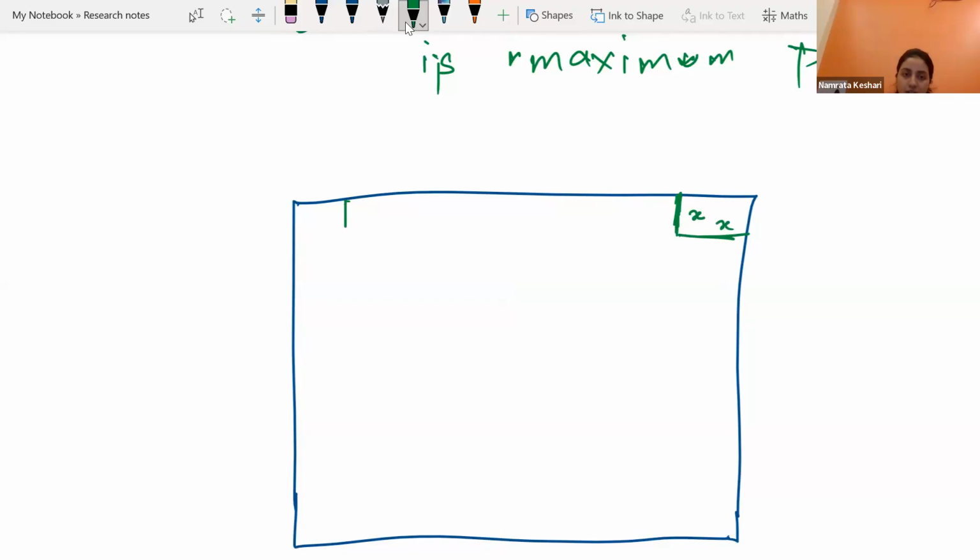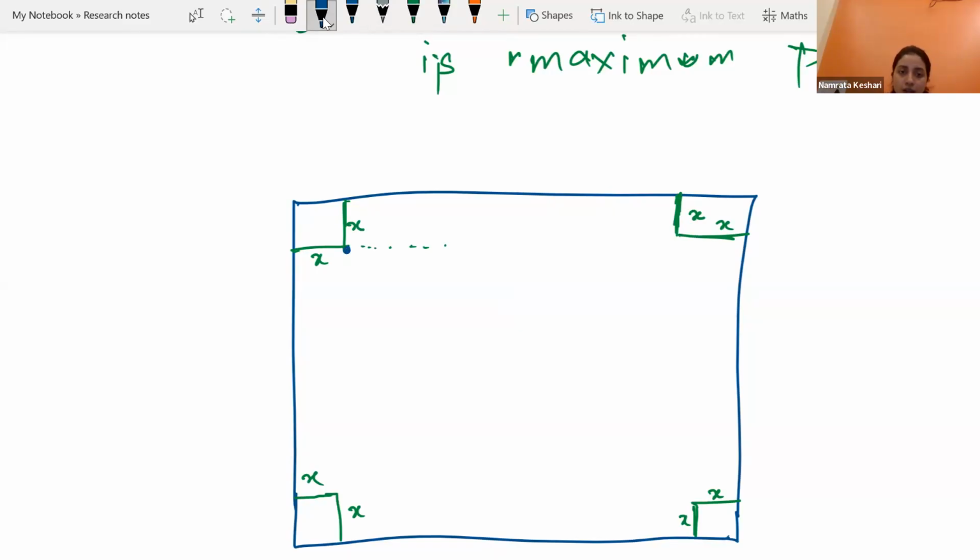Here also a square shape, here also, and here also. Are you getting it, Fatima? Yes, sir. And once you are done with cutting, the cut portion, this much portion, you will just fold like this, a box type of structure. Getting it? Yes, sir. So basically our base will remain only this much.